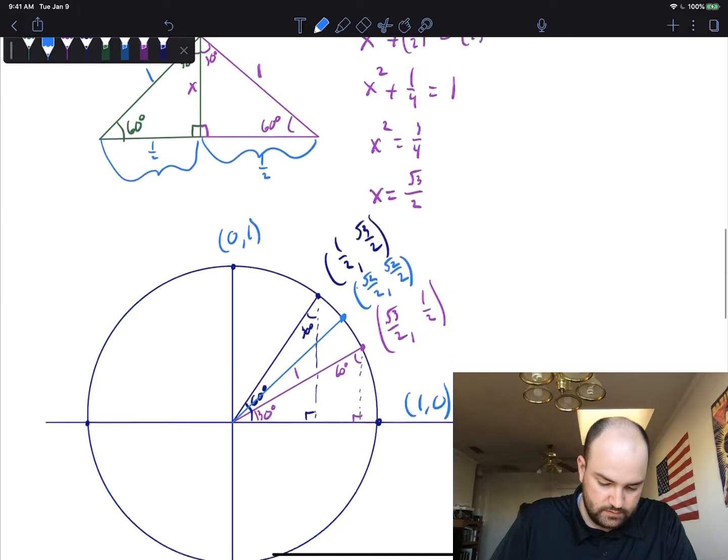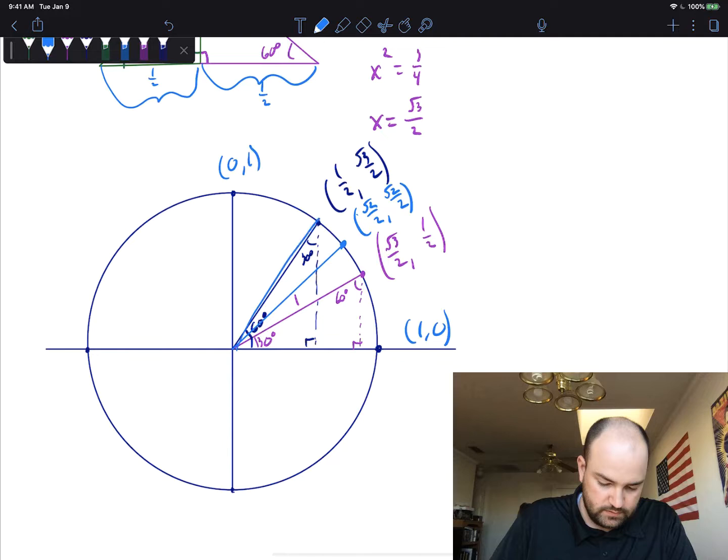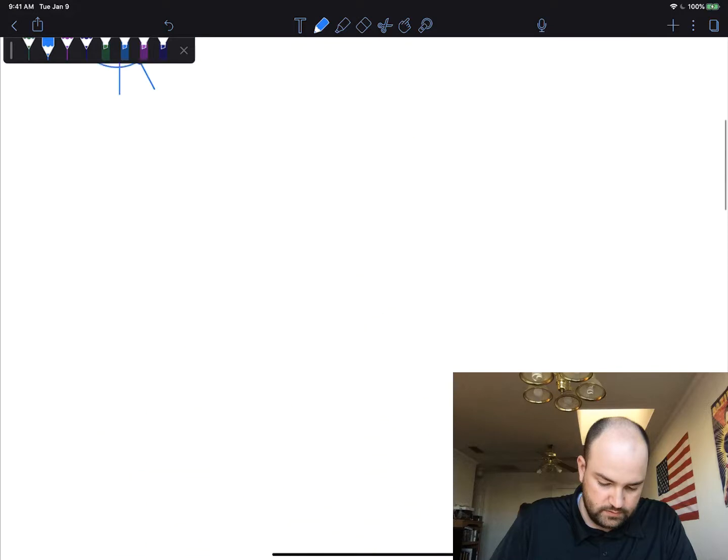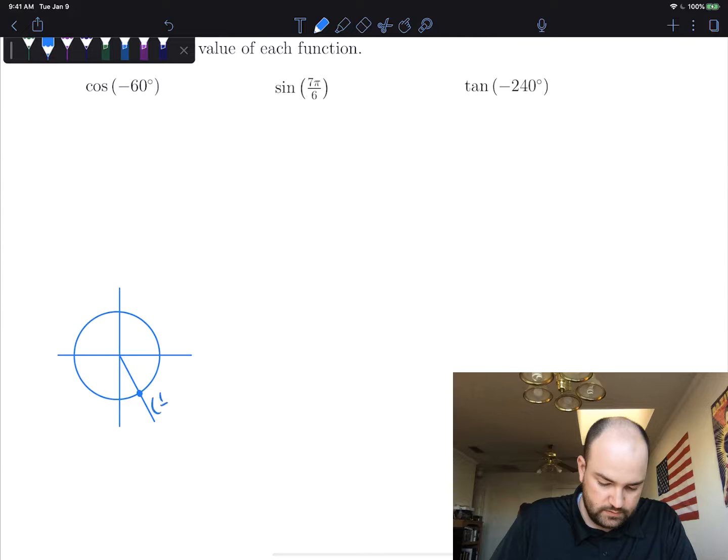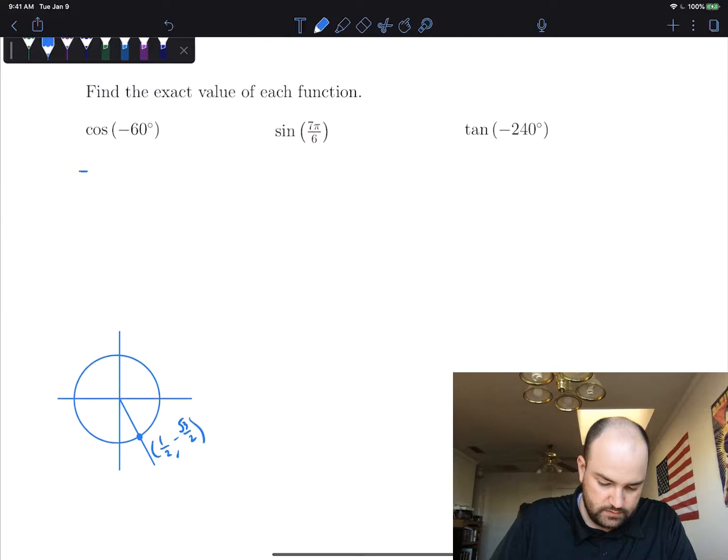Now notice that 60 degrees is the same as this 60 degrees, that if we reflect that down here, notice that this coordinate here would be still the same x value, but the y value would change to negative root 3 over 2. So 1/2, negative root 3 over 2. Good. Now it's cosine, so of these two, we only worry about the half, which tells me the cosine here is going to be 1/2. So cosine of negative 60 degrees is 1/2. Good.